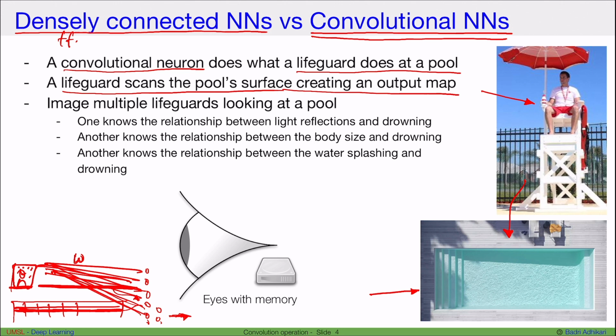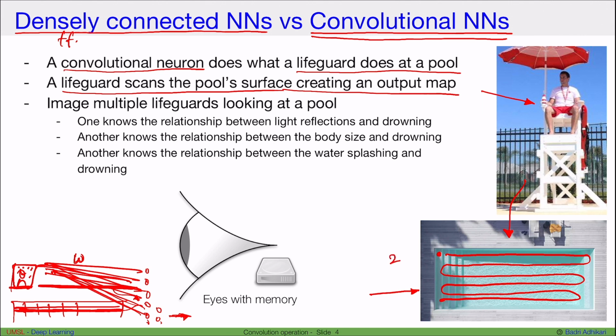The way lifeguards are trained to look at the pool is they start from maybe one corner and continue to look in this direction, creating a grid of regions that they have to watch out for, and then they go back up to the other corner, and then they come back again, and finally they reach this point to say, okay, one scan complete. Maybe they do this in 20 seconds, and then they are back at the beginning and they keep scanning.